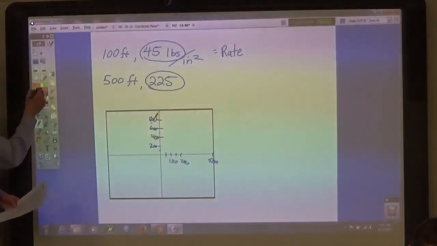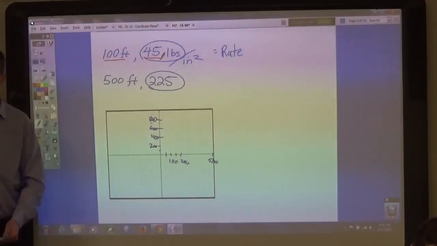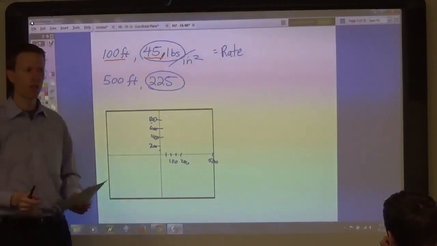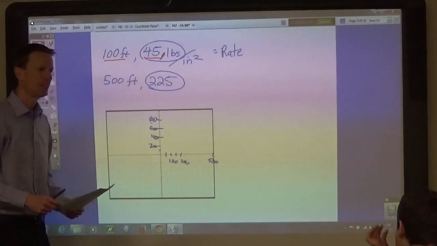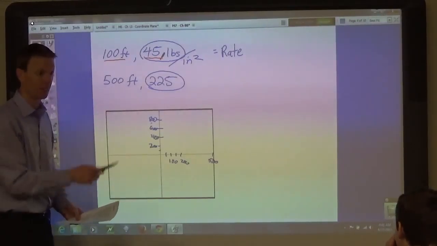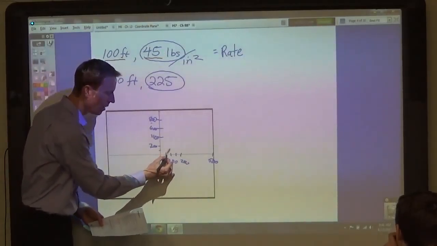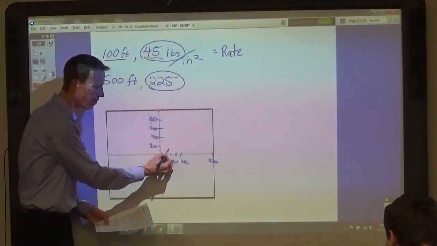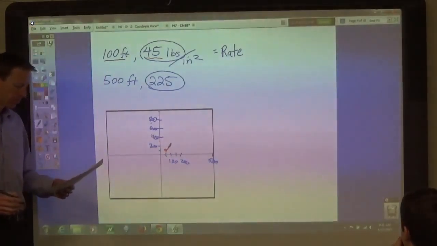What's the first point given? The two numbers that go together. Dylan? 45 and 100. So if this is 50, it's just on the other side of this. Right 45 and up 100, right?